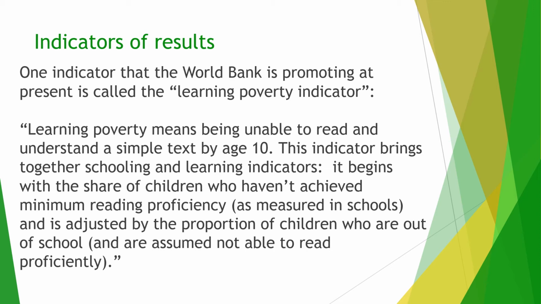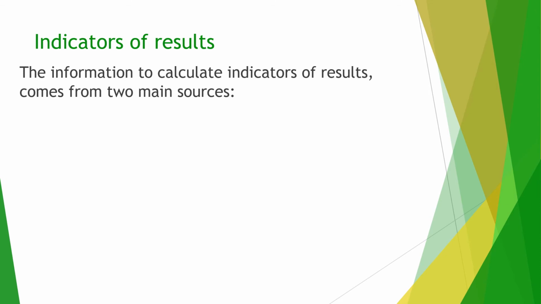The information to calculate indicators of results really comes from two main sources. Firstly, examinations, and secondly, achievement tests. There is a long discussion on the value of examinations, the value of achievement tests, the need for more and more achievement tests because examinations are not always providing correct information.